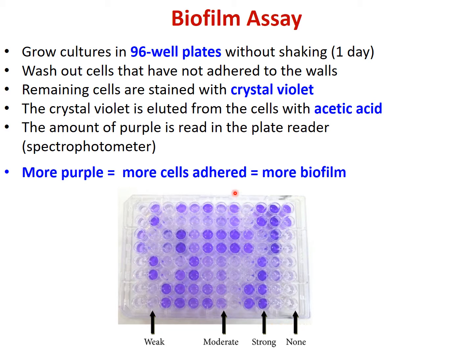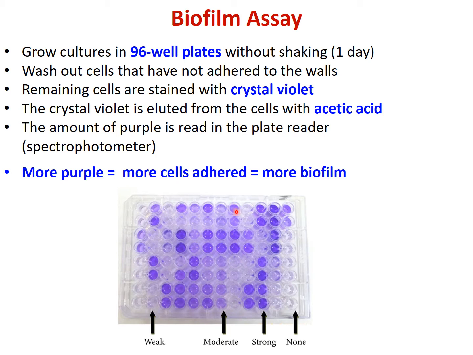Now the cells that remain bound to these wells, these little circles here, we're going to stain them with crystal violet, the same stain that you use in gram staining. We're going to wash out the crystal violet after a certain amount of time, and then we're going to treat these wells with acetic acid. The acetic acid is going to extract the crystal violet from the cells on the wall. The cells remain bound to the wall.